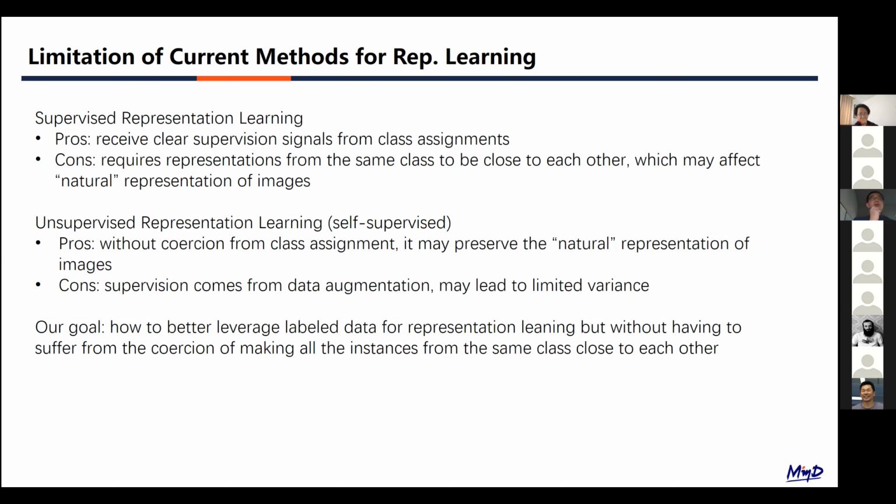So here's a simple comparison between supervised and unsupervised representation learning. For supervised representation learning, the good side is that there's a clear supervised signal coming from the class assignment. But there is one downside that is often ignored or skimmed over by most researchers: in most supervised representation learning, the last layers of the classifier tend to require different data points from the same class to be close to each other.